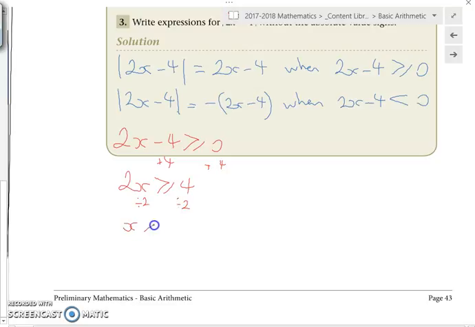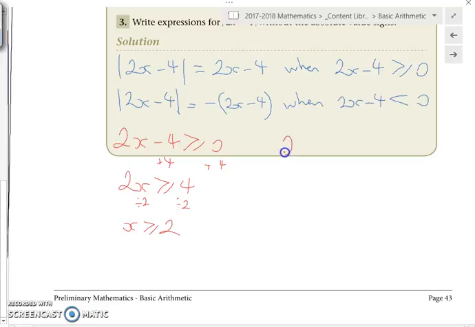So we end up with x greater than or equal to 2. Cool? 4 divided by 2? 2x divided by 2? Greater than or equal to? It does. Okay.